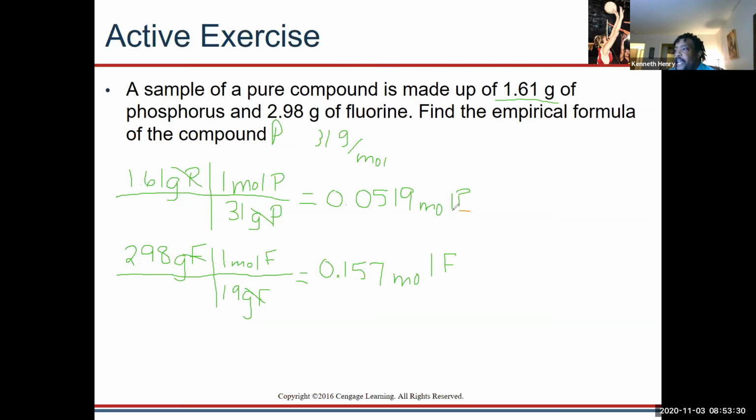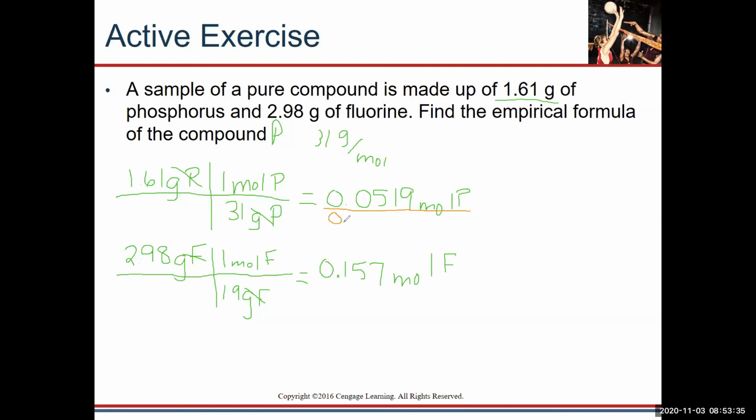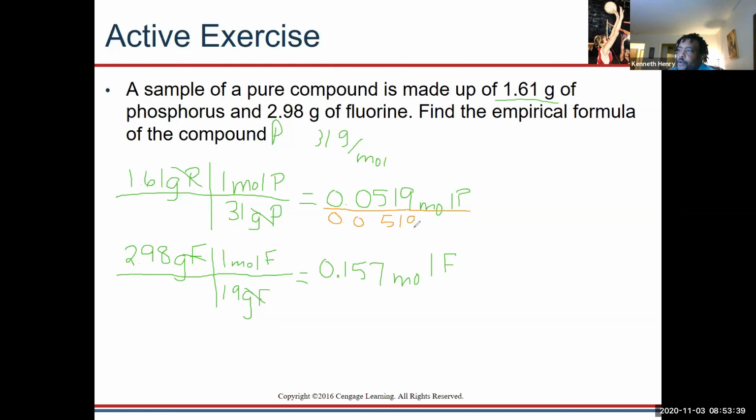Okay, so we're going to divide both of these by the number of moles of phosphorus, 0.0519 moles.